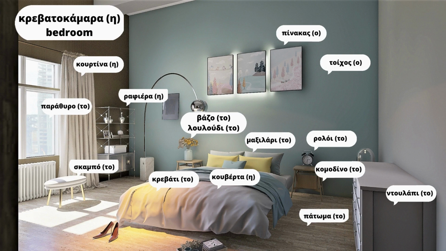Okay, so we have a bed here also. The bed in Greek is called το κρεβάτι. On the bed, we have a blanket. The blanket is called η κουβέρτα, a feminine noun.